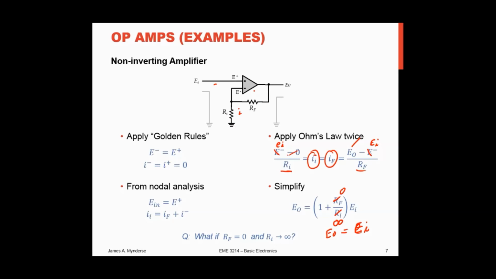I would expect that these are very simple examples. In other examples, like if you want to do integrating, differentiating, filtering, things like that, you're going to start putting in capacitors and inductors in one or more of these places, or combinations of resistors.